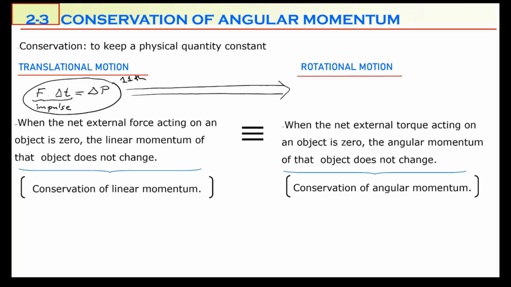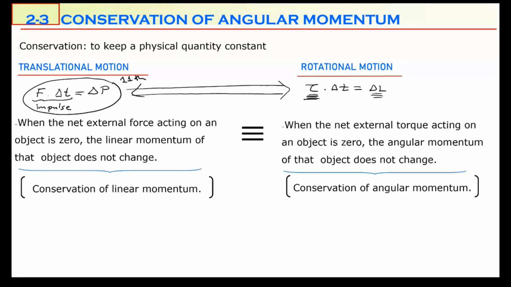Remember, the rotational analog of force is torque. If some torque acts on an object for some time delta t, it causes this object to gain some angular momentum delta L. These two equations are very similar. That is, if a net torque is produced on an object, its angular momentum changes.